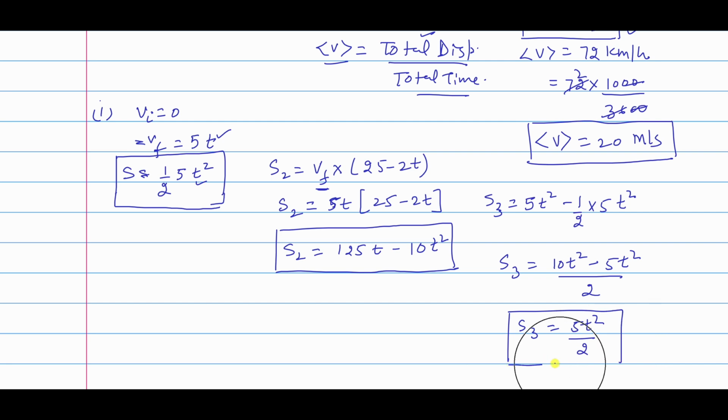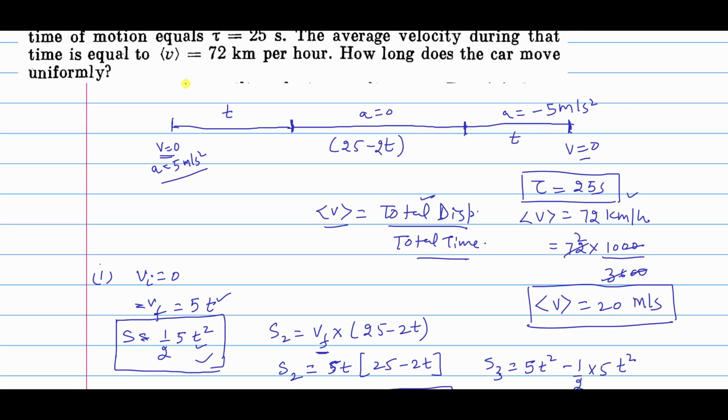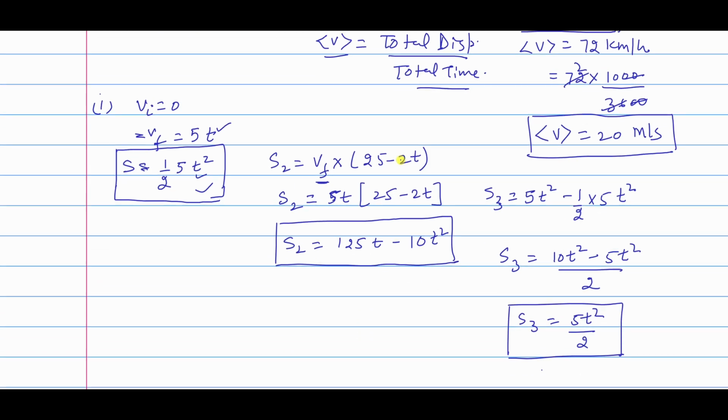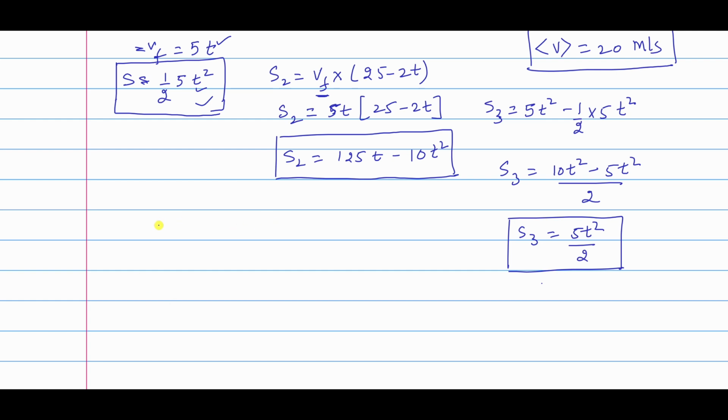And you can see that this distance is equal to this distance. They both are equal, so it will travel the same distance during this time. Okay, so now finally what we can do is find the total displacement, which is equal to 2 times this, which is 5t square, plus 125t minus 10t square.